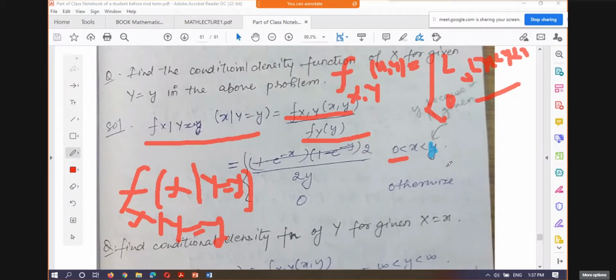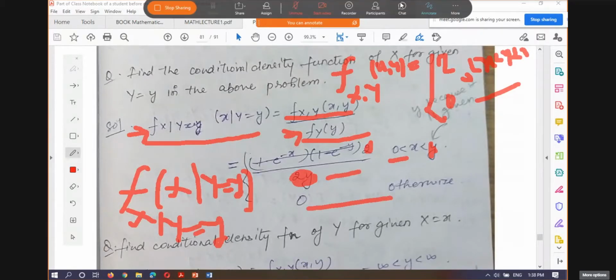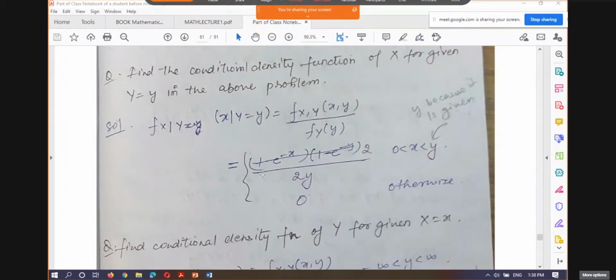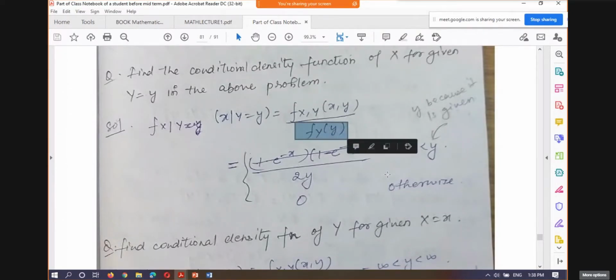The value of f of x,y is 2, already given, and f_Y(y) we have already calculated as the marginal density function of y, with y small y substituted in. So if x lies between 0 and y, the conditional density function of x given y equal to small y is given by this, and otherwise it is 0. This is the way we calculate the conditional density function from the joint density function and the marginal density function of y.